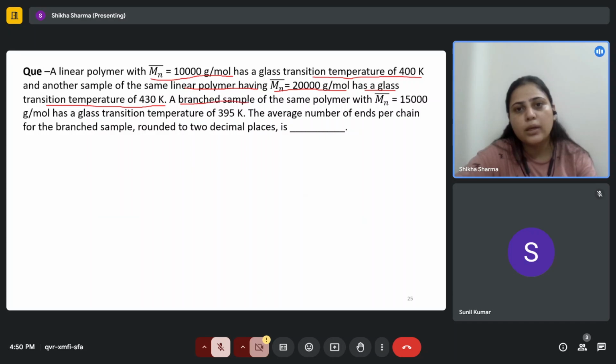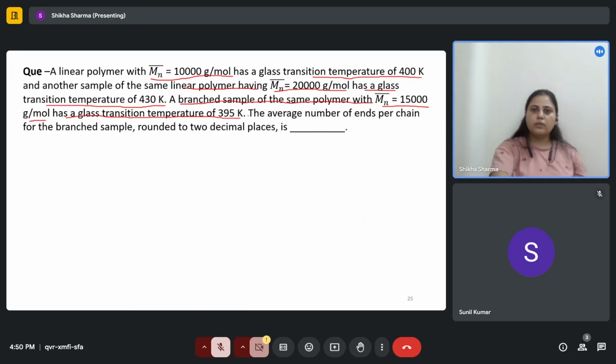When we make the branched sample of the same polymer having molecular weight 15,000 gram per mole, we get a glass transition temperature of 395 Kelvin. So we need to calculate the average number of ends per chain of the branched sample. So how to approach this question?